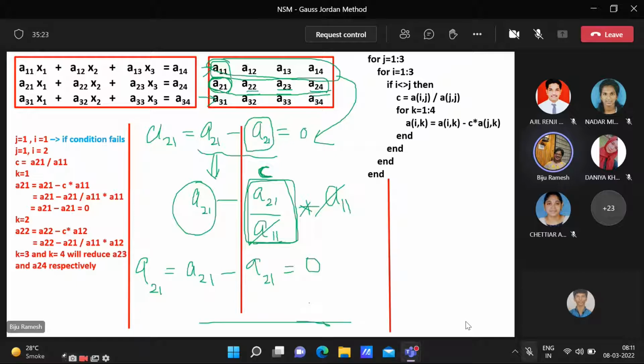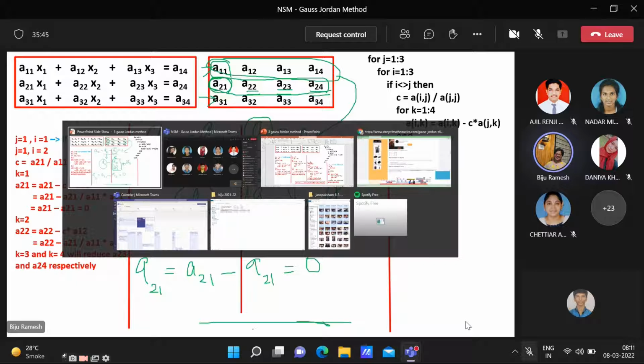Tell me, students. Everybody in the lecture, did you understand this part? Yes, ma'am. Other than Sweetie and Ashtalakshmi, others. Four of them have said yes, ma'am. Only if you understand this, I can proceed further.